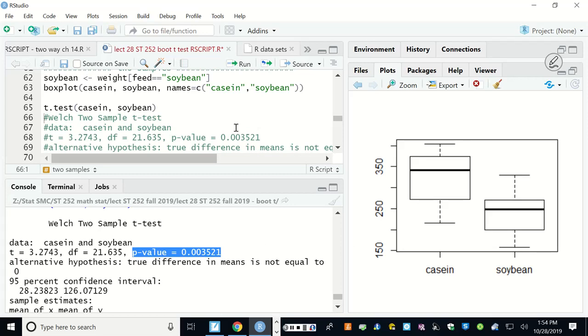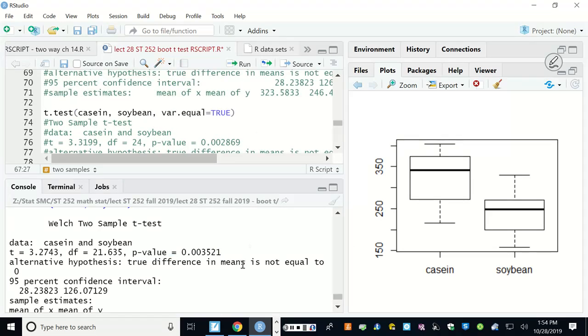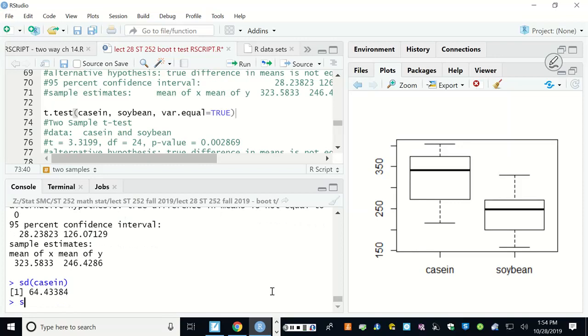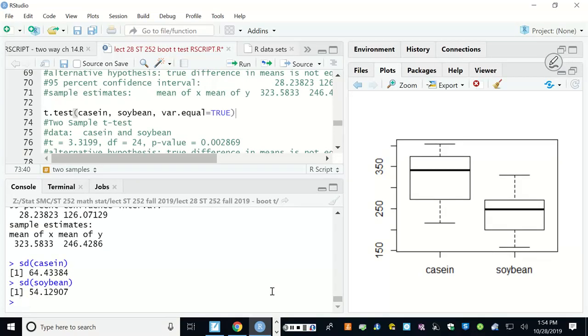You can report a confidence interval for the difference here: 28 up to 126. It's all above 0, so the casein is higher, and it gives the 2 means there. If you assume equal variances, since these 2 have kind of similar spreads, you could look at the standard deviation of casein and the standard deviation of soybean: 64 versus 54 doesn't seem like too much.